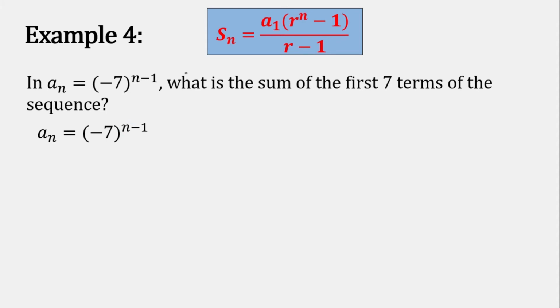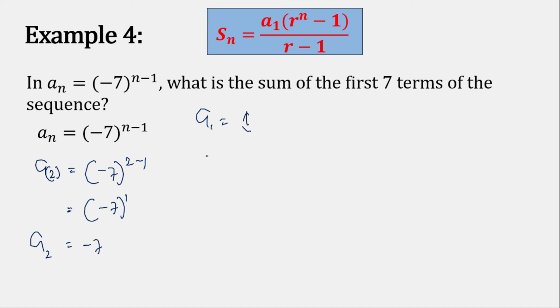Now, for the common ratio, you just get a sub 2. A sub 2 is equal to negative 7 raised to 2 minus 1, equal to negative 7 raised to 1, or a sub 2 is equal to negative 7. Now you have a sub 1, that is 1, and a sub 2, that is negative 7.